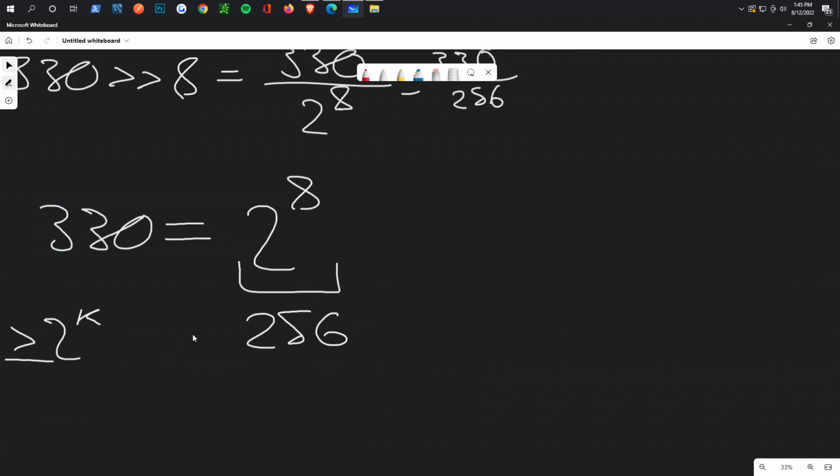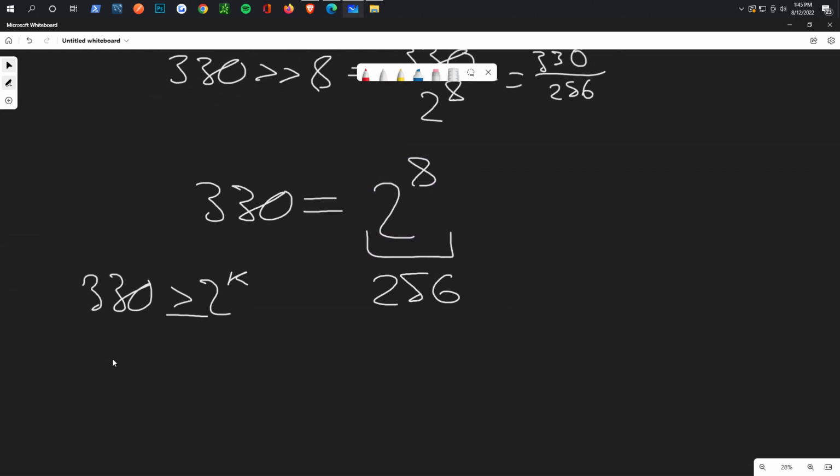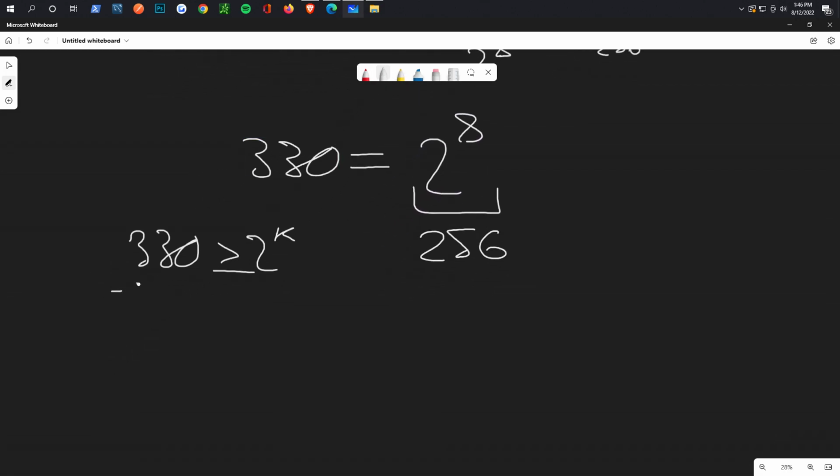Now if we do 330 minus 256, it's going to end up being 74, and the biggest power such that this holds is 64.